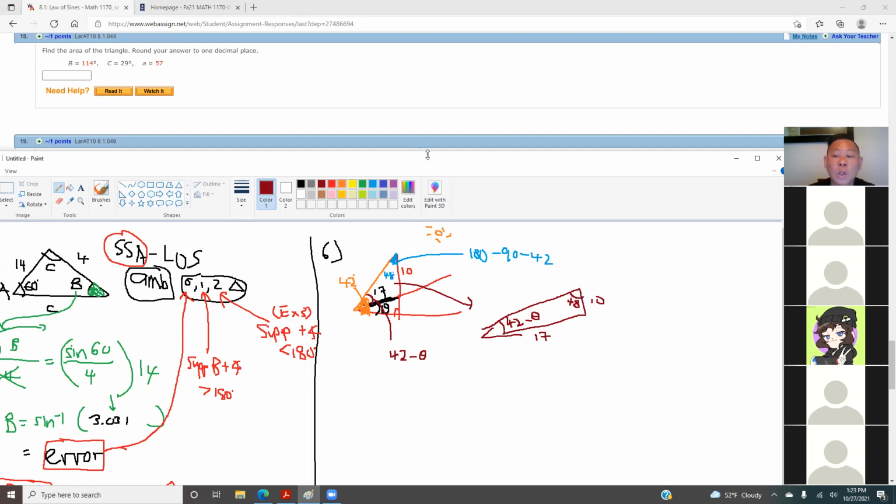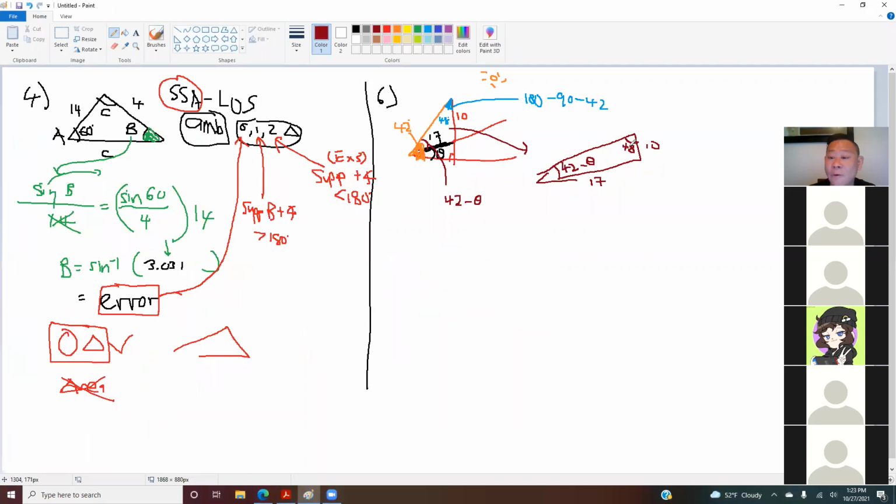We can use the law of sines here because they are right across from each other. So sine of 42 minus theta, which is this fellow, over 10 equals sine of 48 over 17.